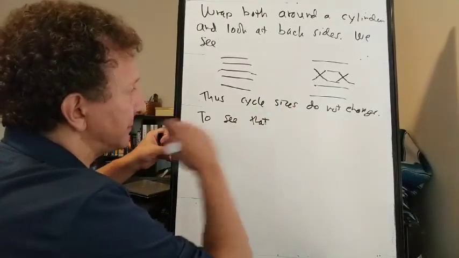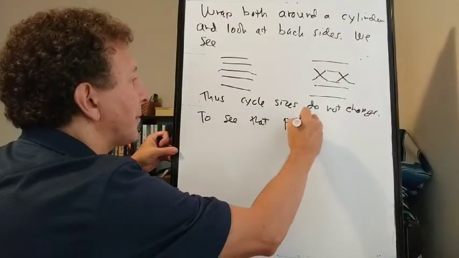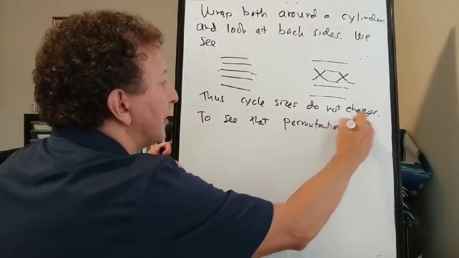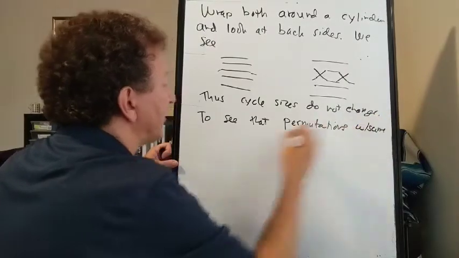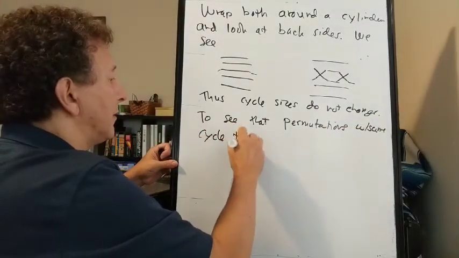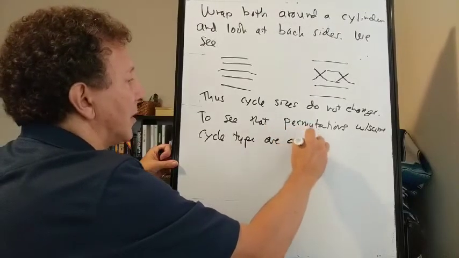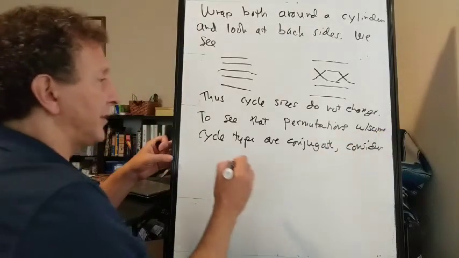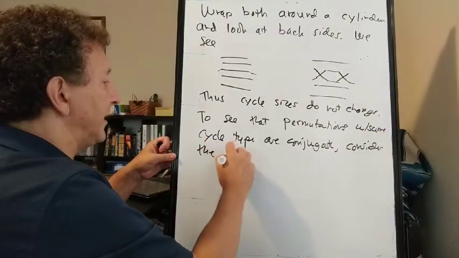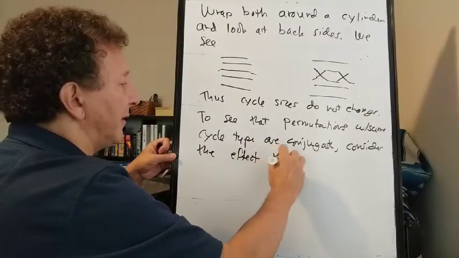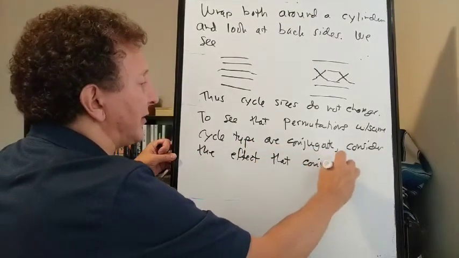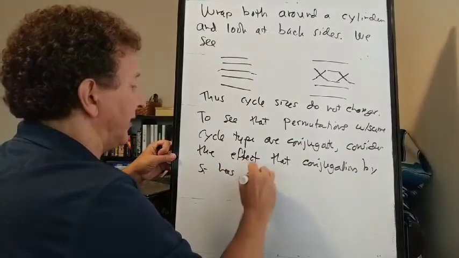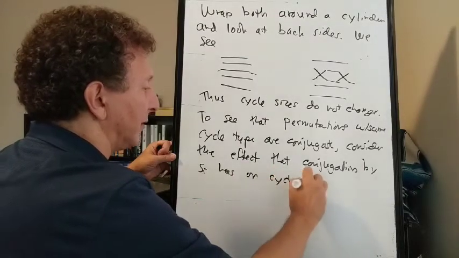So to see that permutations with the same cycle type are conjugate, we'll consider the effect that conjugation by SI has on the cycle notation.